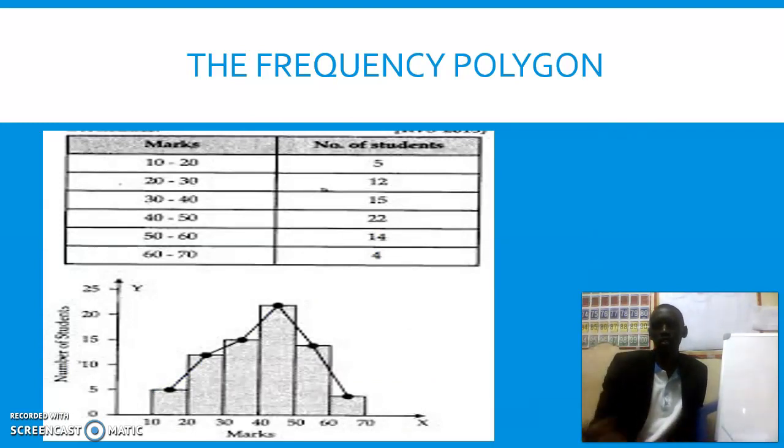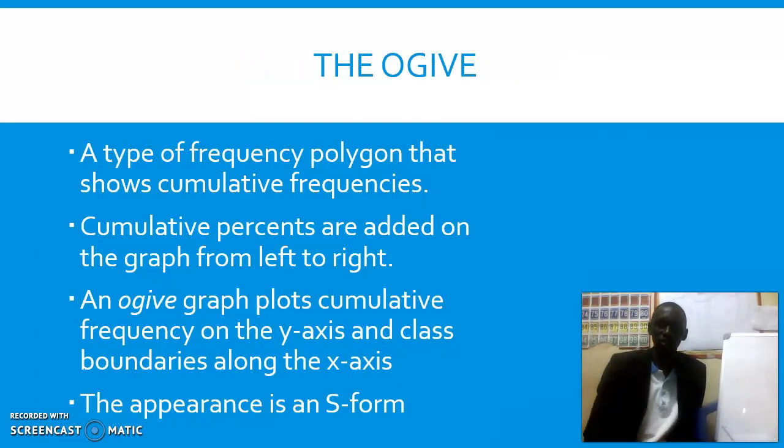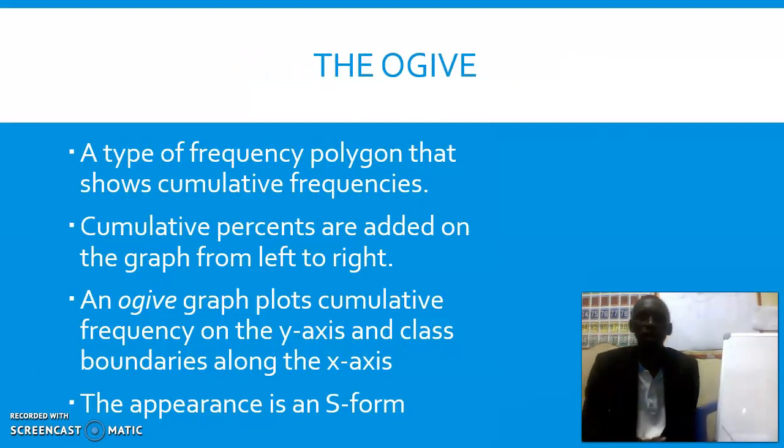You can see that in all this we are trying to show the spread of data using the graphs. And then finally we have the ogive, or the cumulative frequency graph. This shows portions that are added, like the word suggests, cumulatively until you complete your particular population or your particular sample.